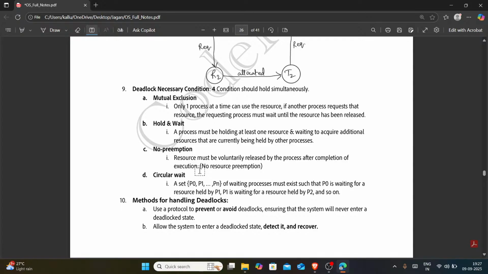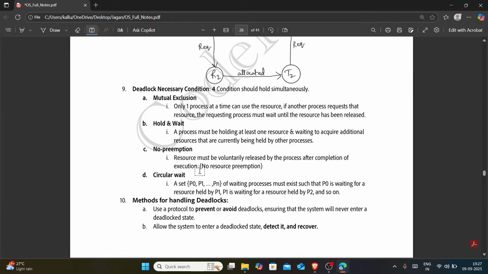No preemption: a resource must be voluntarily released by a process after completion of its execution. Only then may other processes access it.